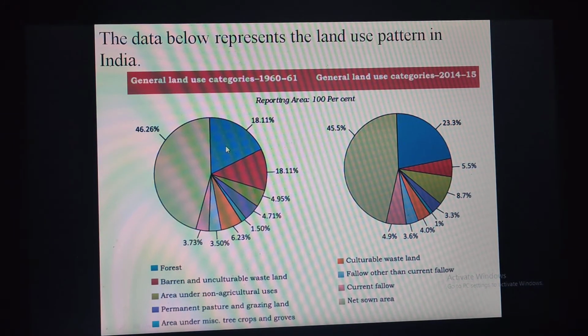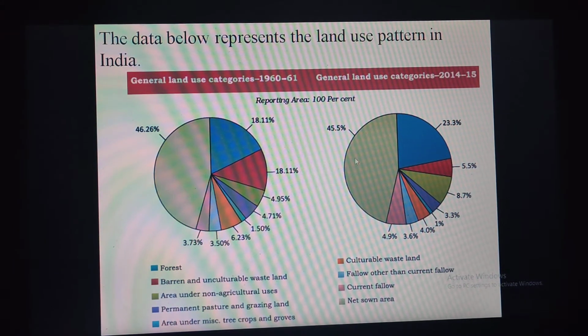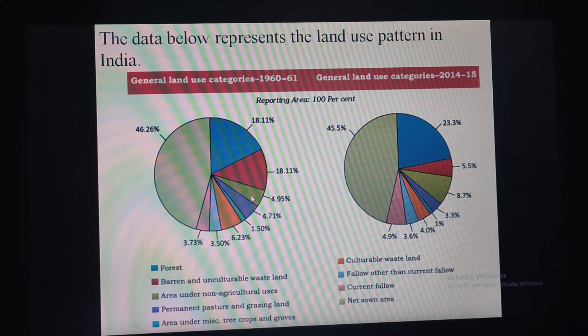Same 18.11% area, this one, is occupied by barren and unculturable wasteland. Here in the green color, 4.95% of area is under non-agricultural uses, whereas here 4.71% area is for permanent pasture and grazing land.